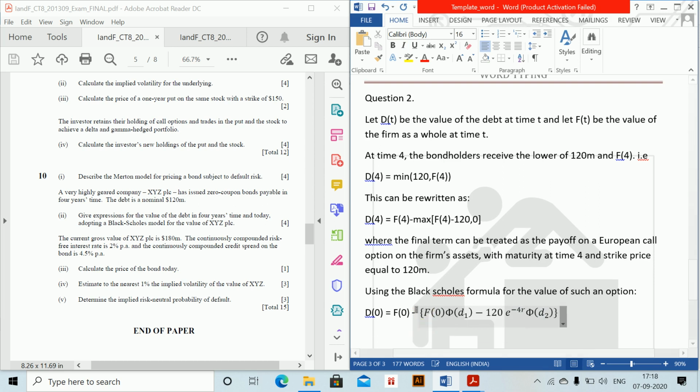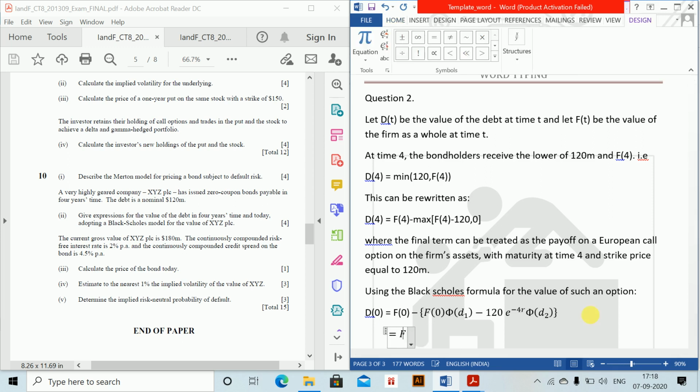Okay, so therefore this is equal to F0 into (1 minus Φ(d1)) plus 120 e to the power minus 4r Φ(d2).